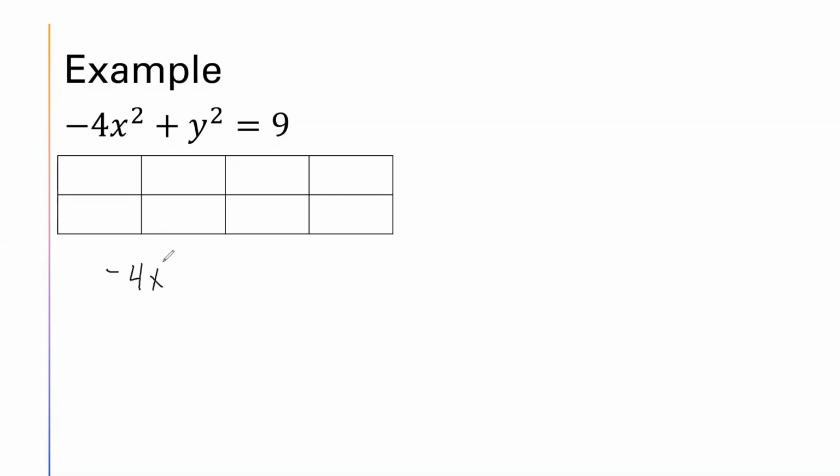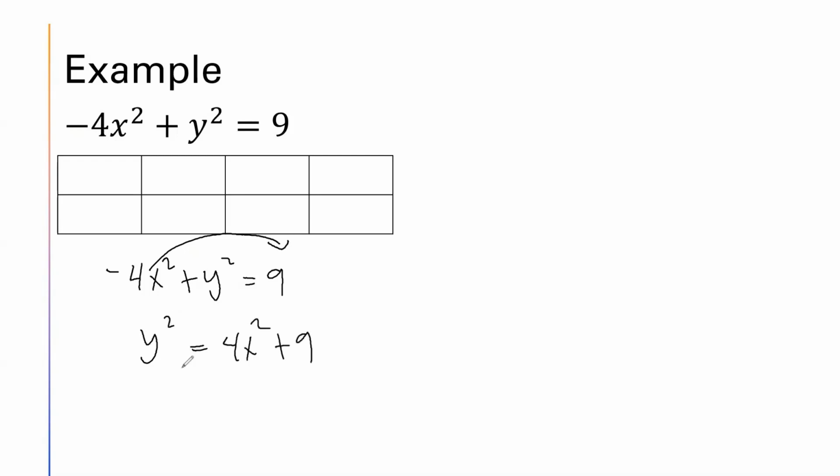We have negative 4x squared plus y squared equals 9. To make this function form, just transpose this. So we have y squared is equal to 4x squared plus 9, since the negative becomes positive.